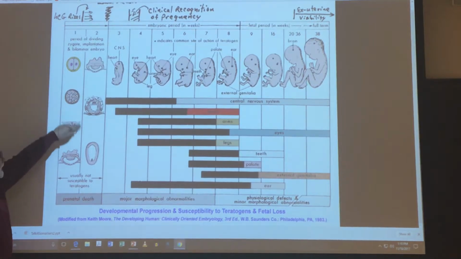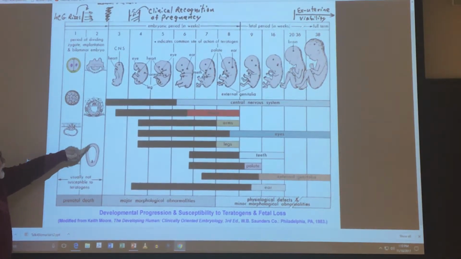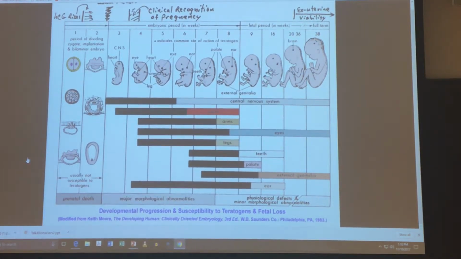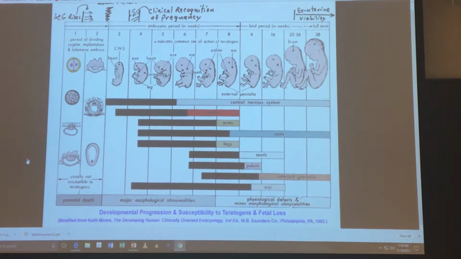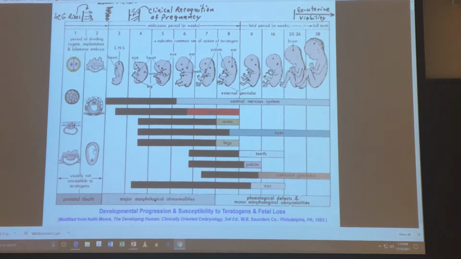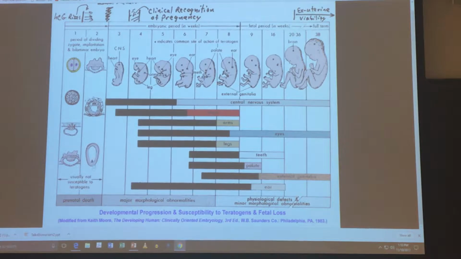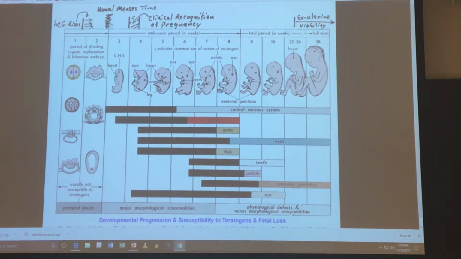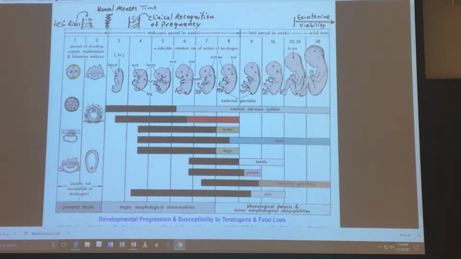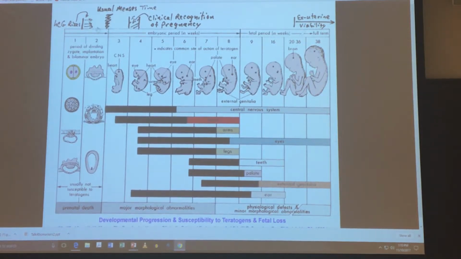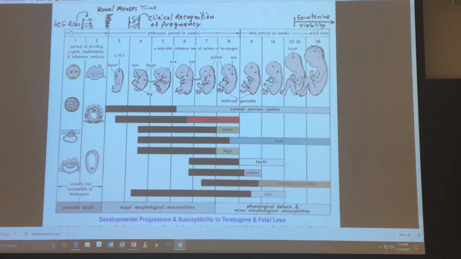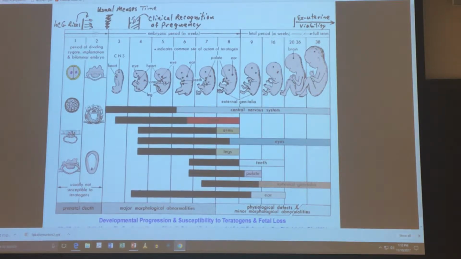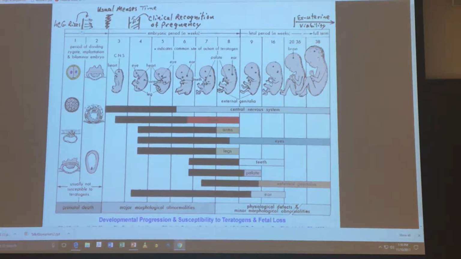So all these events down to this stage where you're starting to see the notochord or the nervous system begin to differentiate is all occurring prior to the anticipated normal menses time, the end of the duration of a non-fertile corpus luteum. All that would occur in here.